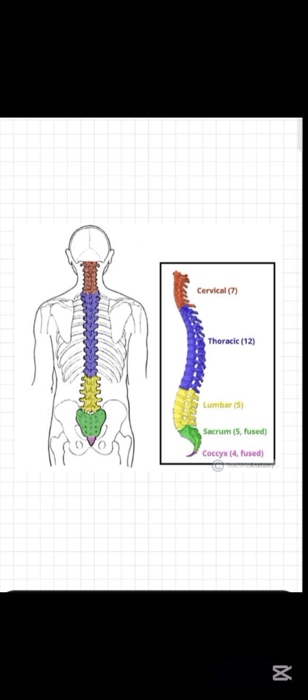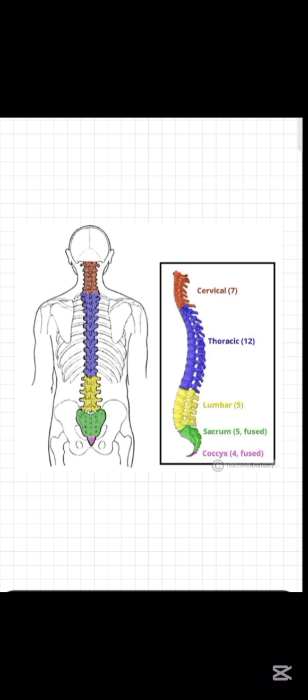We have studied the five segments of the vertebral column, but there is a question: why do we need to create segments of the vertebral column? We could study the whole vertebral column one vertebra by one.